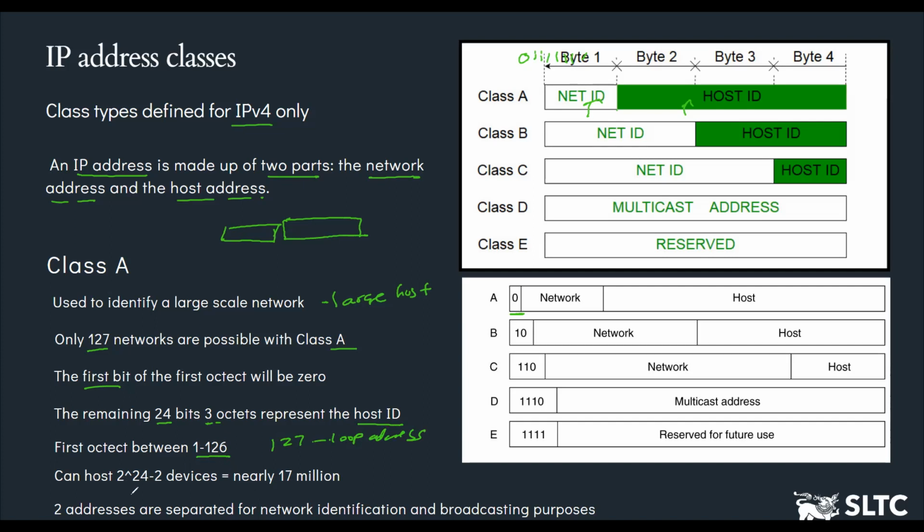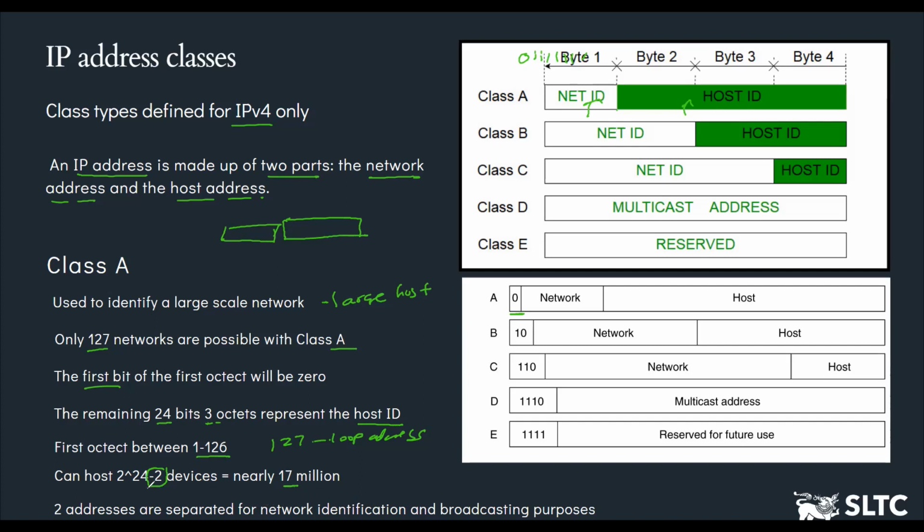Then also we can host 2 to the power 24 minus 2 devices in this network. So it's nearly 17 million devices. The minus 2 comes from two addresses which are reserved in the class A address range.